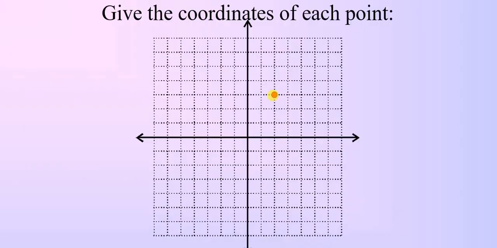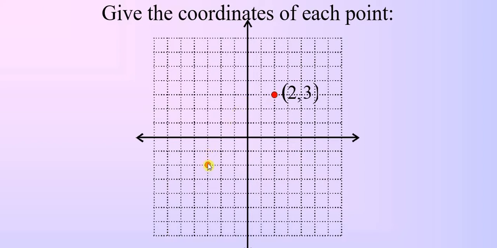Then we go from here, 1, 2, then 3. So this is 2 and this is actually 3. We went 2 units to the right, then 3 units upward. Therefore, the location of this point is 2, 3. So that's our first point.